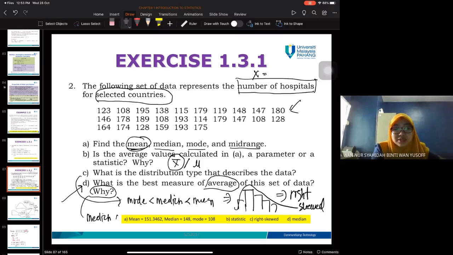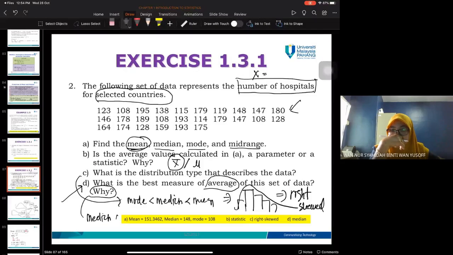So what is the real reason here? We cannot talk about the outlier because we don't identify any outlier here. We don't try to identify whether there is an outlier or not in this data set. So what is the real reason why we use median as the best one?